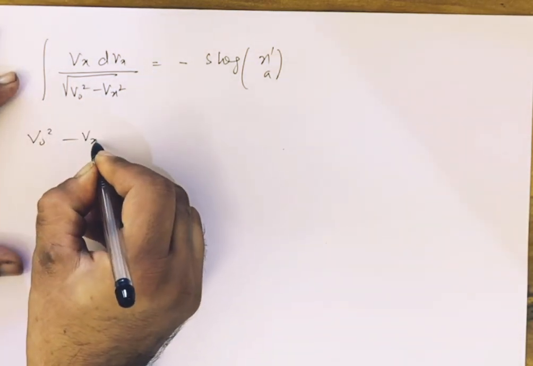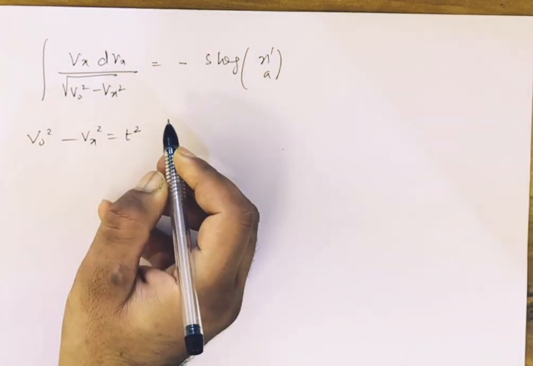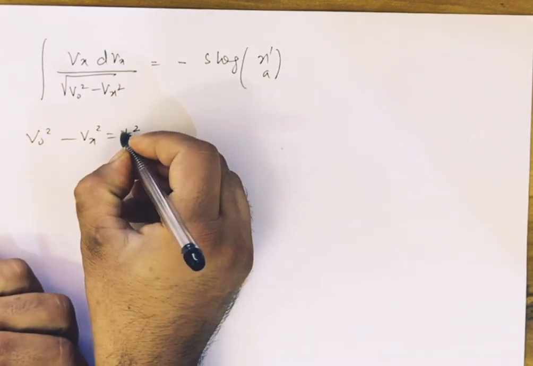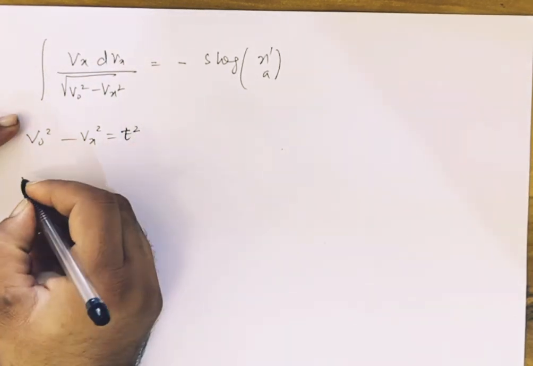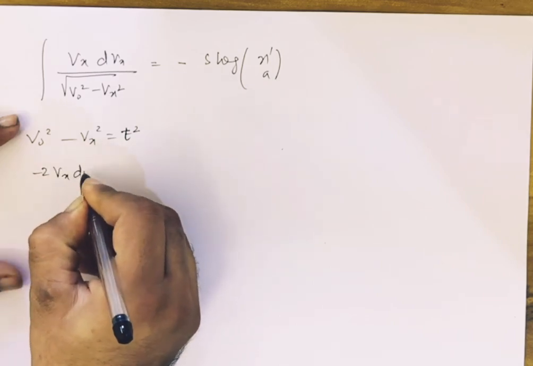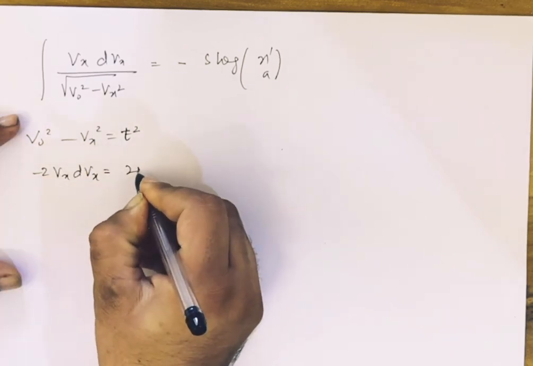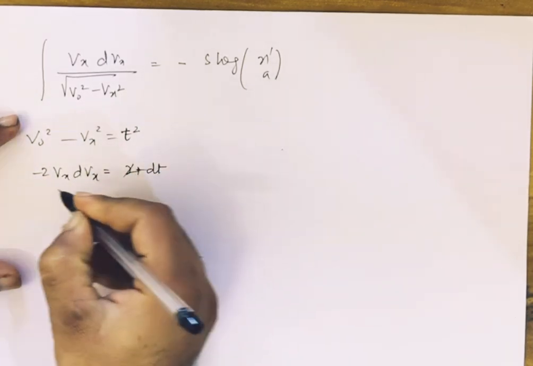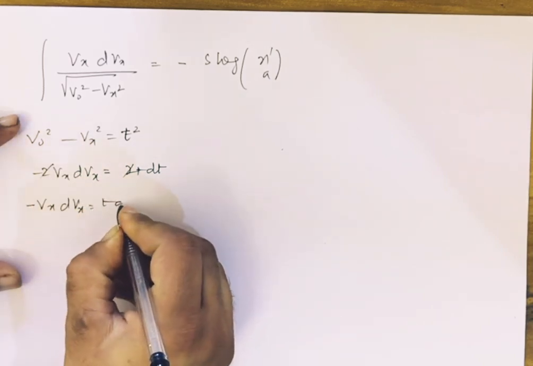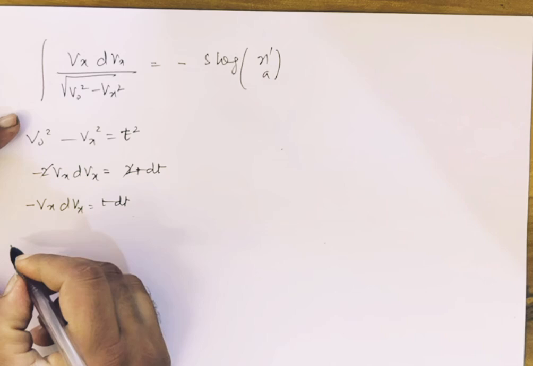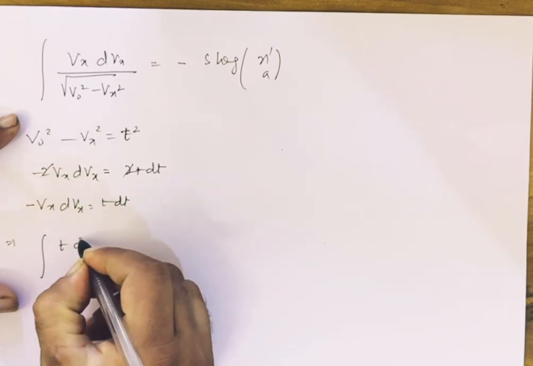V naught square minus Vx square can be written as t square. Then minus 2Vx dVx is equal to 2t dt. The 2 gets cancelled, so minus Vx dVx is equal to t dt. Let's put it here, t dt.